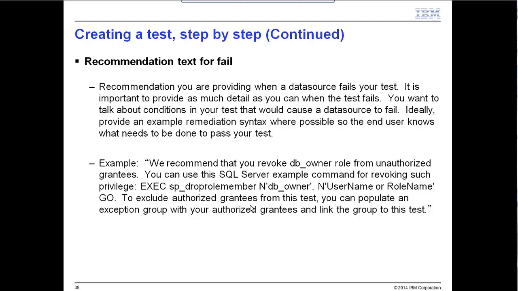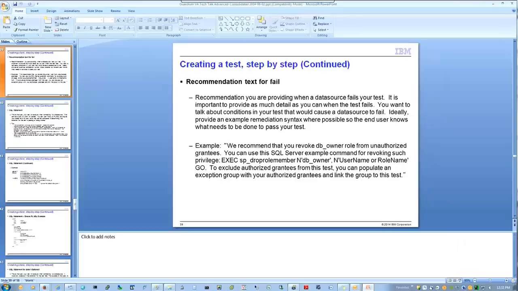You can create an exception group and put all your DBA users in there so that when the test runs the next time, after it finds all the results, you look at your exception group. You go, you know what? I have 10% here that I'm failing. There are 5 in this exception group, so I'm not going to flag these 5. I'm going to flag the other 5 that are not DBAs, and so somebody can do something about it.